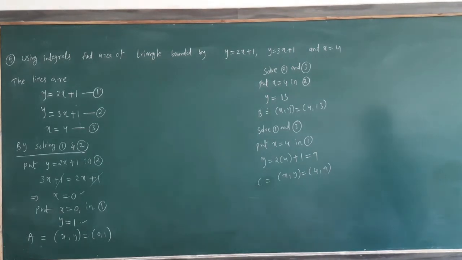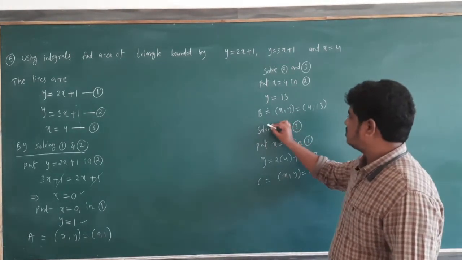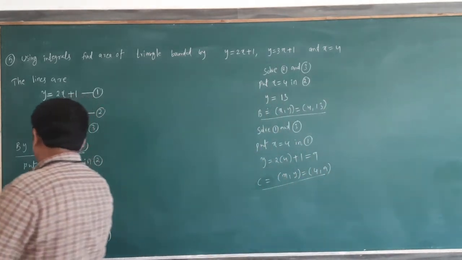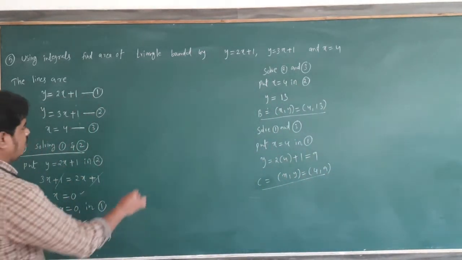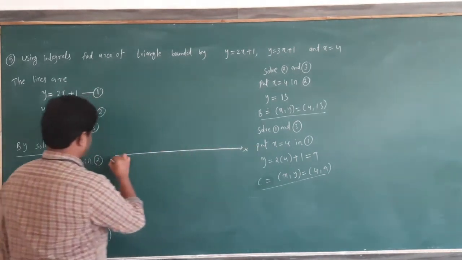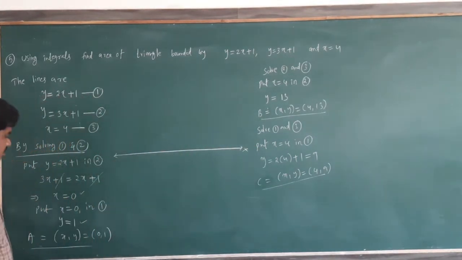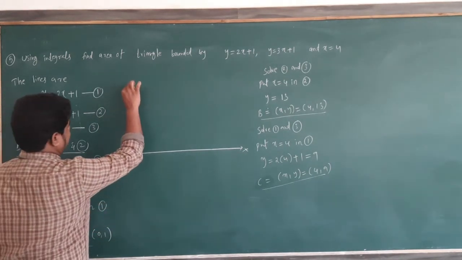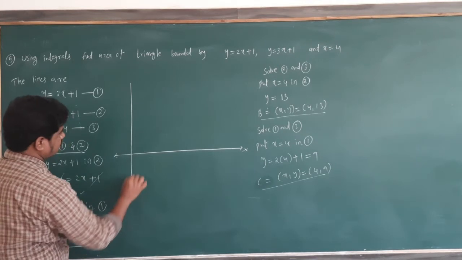We should plot these 3 points, B, C and A, in the graph. Now, this is the x-axis and this is the y-axis.